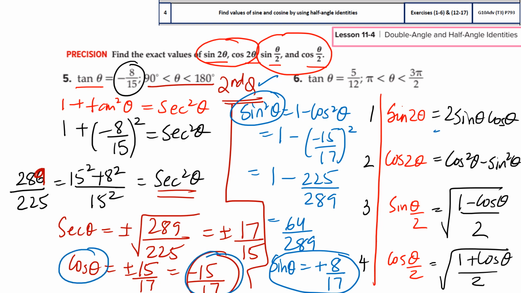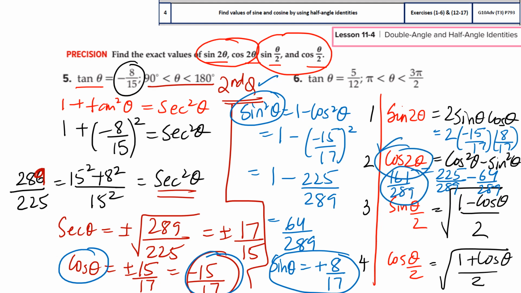Now we can plug it in here, multiply. Be careful of the signs, don't make a sign mistake, and just use your calculator. Similarly, here also cos square would be 225 over 289 minus 64 over 289. So do the calculation, simplify, and this will come out to be, I'll write the final answer here, 161 over 289 for this question for cos 2 theta.